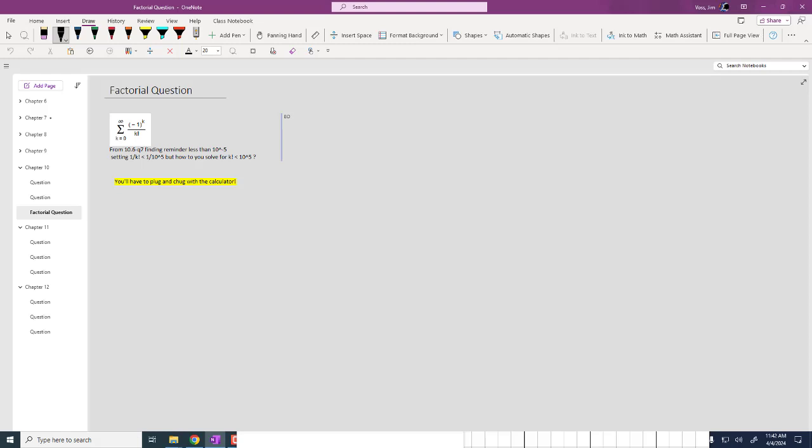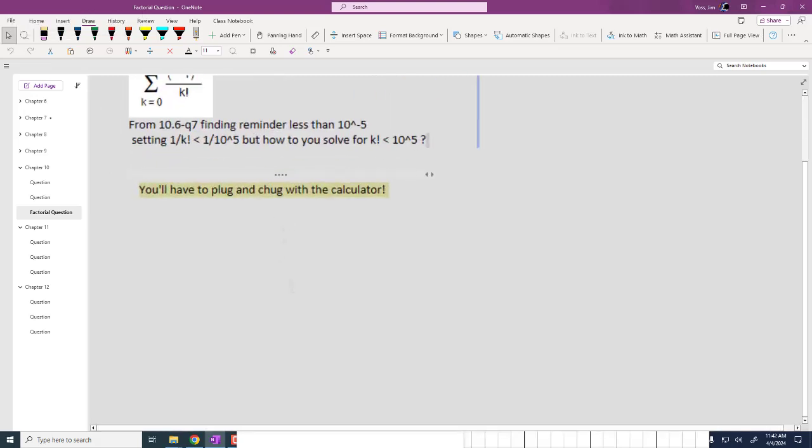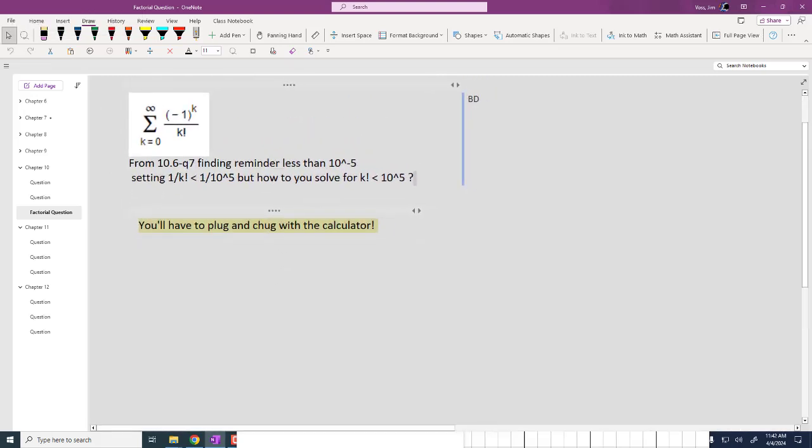So let's take a look at this one for a moment, because it's interesting. We have a factorial, and we are trying to figure out that quantity right there. He has it backwards though, it should be greater than 10 to the 5th. So let's go through this one from scratch.